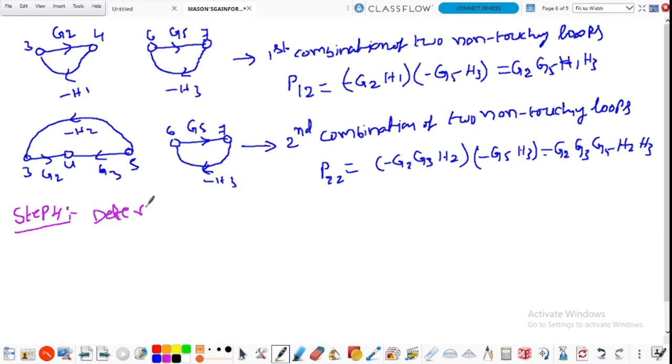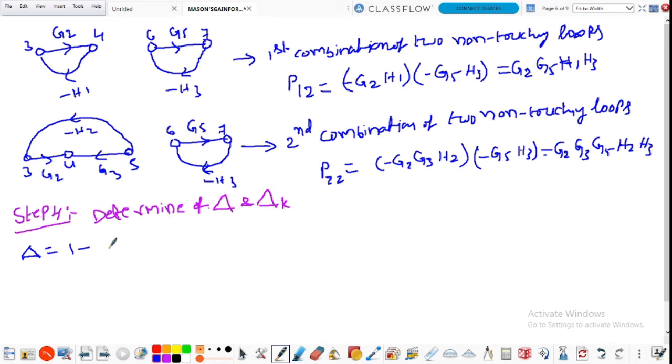Determine delta and delta suffix k. So first calculate the delta. What is the formula for the delta? The expression of the delta is equal to 1 minus the sum of individual loop gains.